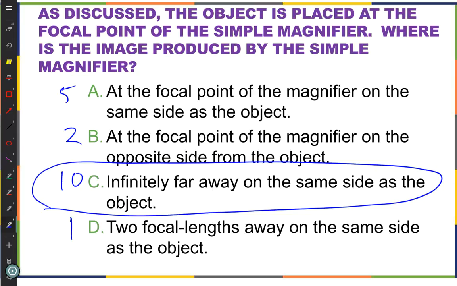But what is the object for the eyepiece of a microscope? It's the image produced by the objective, right? When you're doing multiple lenses, the first lens makes an image, and that image becomes the object for the second lens. And so if that object is farther away than the focal point, then what's going to happen?